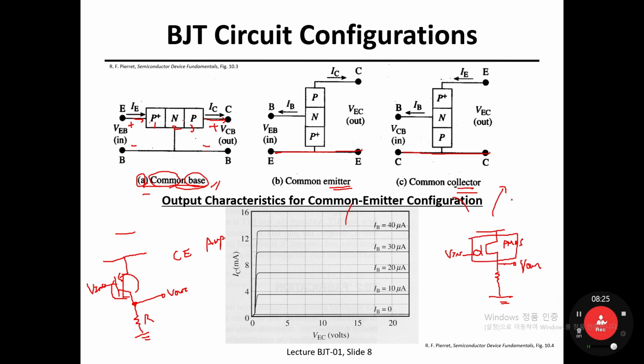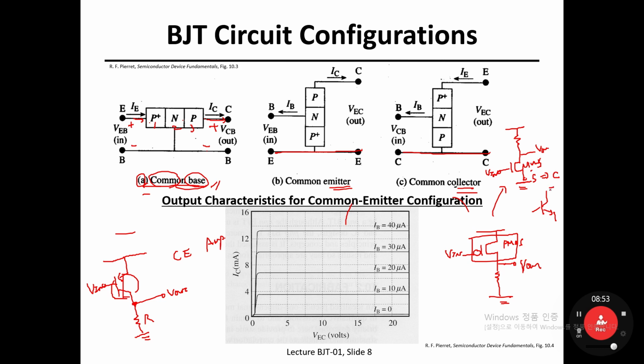In my previous movie clip, I briefly introduced the single-stage MOS-based amplifier. V in, V out. So this is MOS, right? This is the source. Source corresponds to the collector for the NPN BJT.